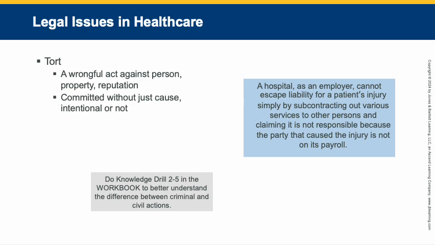Misdemeanors are considered lesser offenses and usually carry a penalty of a fine or less than 1 year in jail. Civil are concerned with the actions between two private parties, and the punishment is damages may be awarded in a court of law and result in monetary penalties.